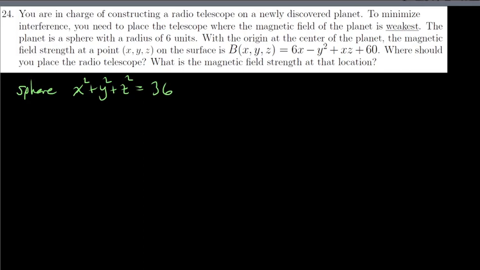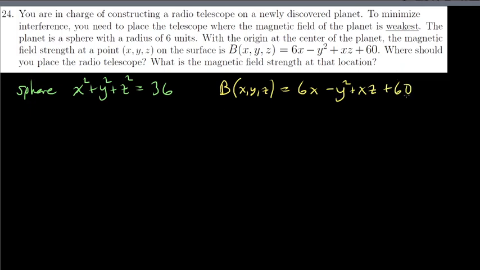The magnetic field strength is B. B is usually the symbol for magnetic field. You can also use H, but let's not get into that, let's just use B. Yes, it is a vector, but we're taking the magnitude, and we're getting 6x minus y squared plus xz plus 60.